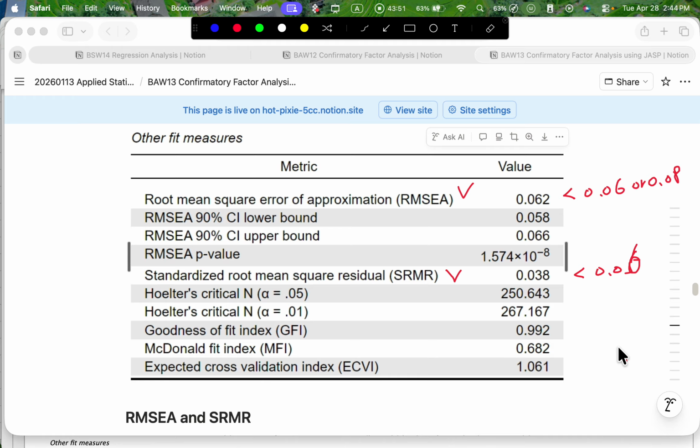I already checked the SRMR. Besides SRMR and RMSEA, besides these two, what else can we report? RMSEA, yes, I already checked, right? I already checked SRMR too. What else? There is still one more I can report.